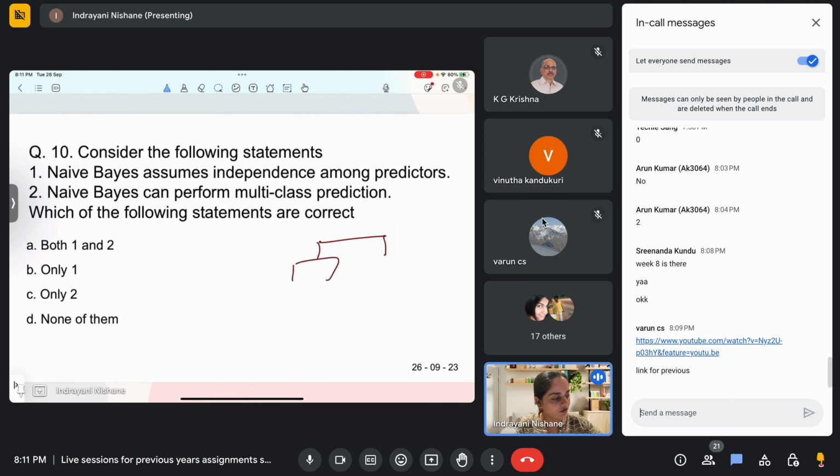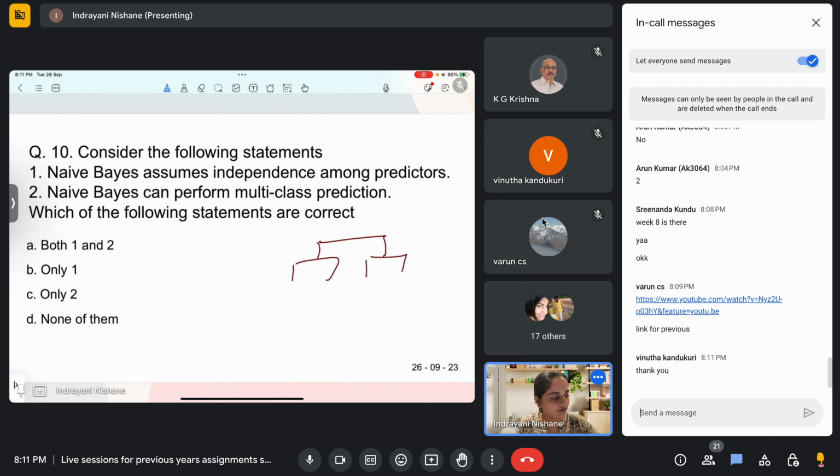And it is the naive assumption that all the predictors, or all the independent variables, are independent of each other. They don't influence each other. So both the assumptions are correct in the case of naive Bayes theorem.